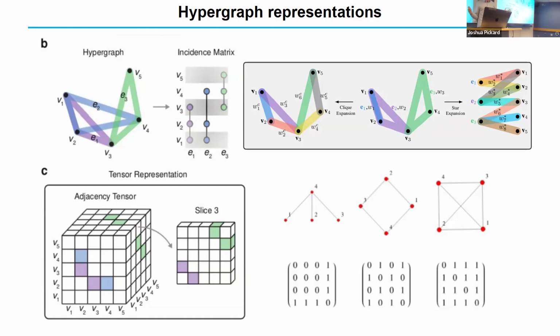Another thing we can do if we have the hypergraph is we can still represent it as graphs, like we talked about before, where we could say each multi-way interaction becomes a set of different pairwise interactions. So here above, we have another hypergraph on 5 vertices. And what we can do here is what's called the clique expansion. In the clique expansion, you have your same vertex set, and each of the 3-way interactions just becomes 3 pairwise interactions, like what we talk about with doing virtual pairwise from Pore-C.